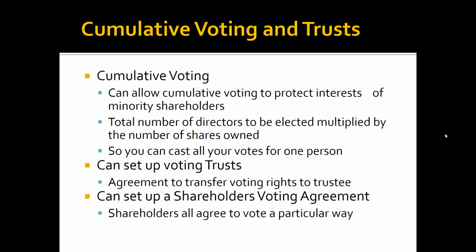Instead, in order to make sure that minority voices are heard, we say, okay, how many shares of stock are out there? 100. How many people are being elected? 10. Okay, so 100 shares of stock, there are 10 directors being voted on. 100 times 10 is 1,000. Everybody has 1,000 votes. All right, first person's up for vote.